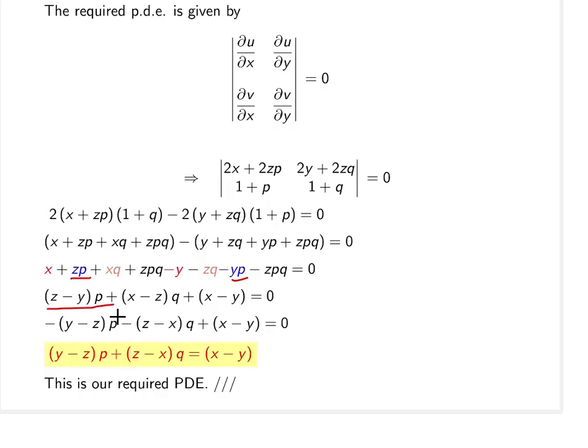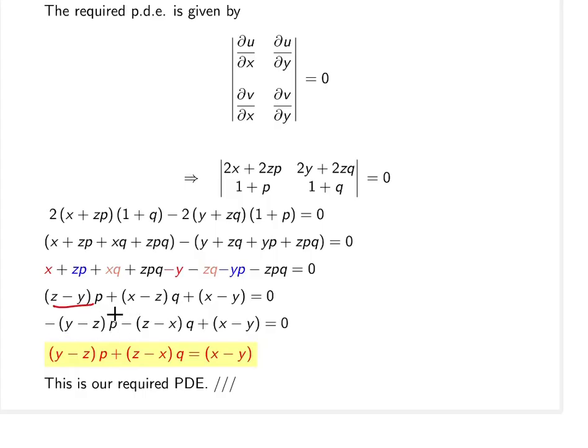Again we club xq and minus zq, commonly bringing out q outside. We get x minus z. Now x is there, minus y is there, so we write x minus y. Here we bring the negative outside from this part, we get y minus z.